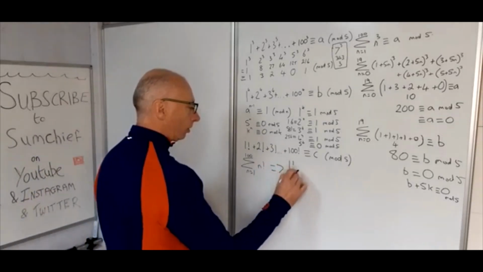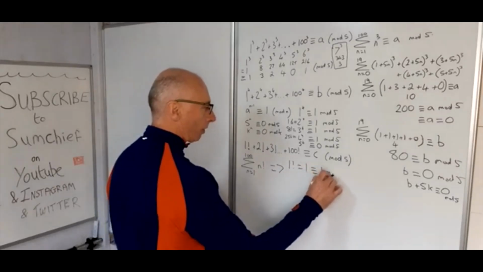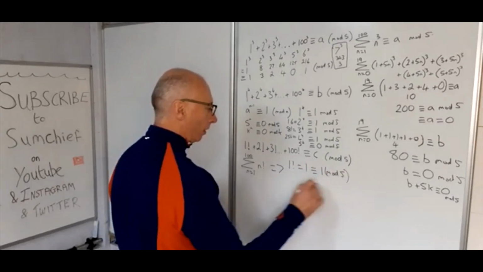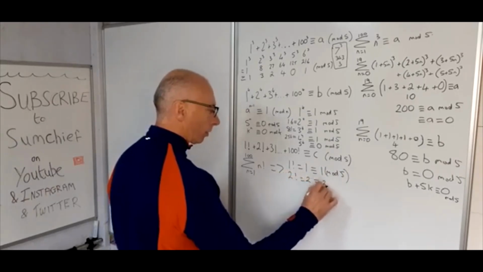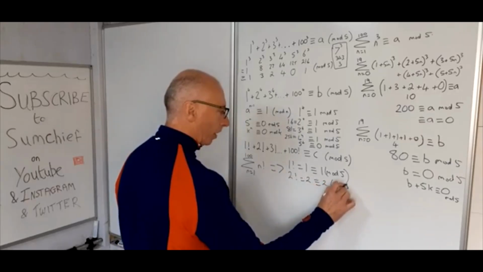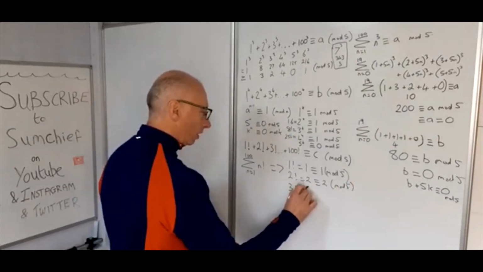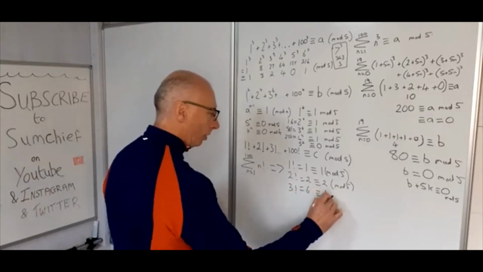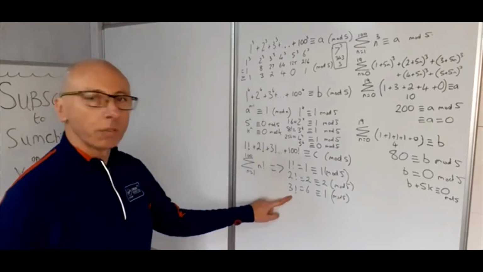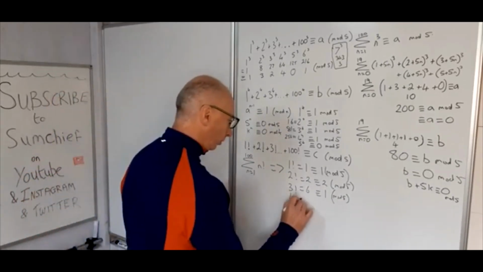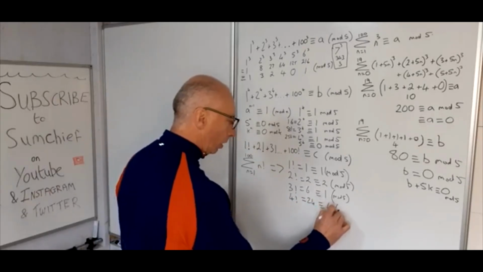1 factorial equals 1, which is congruent with 1 mod 5. That's easy enough. 2 factorial is 2, it's congruent with 2 mod 5. 3 factorial is 6, which is congruent with 1 mod 5. 4 factorial equals 24, which is congruent with 4 mod 5.